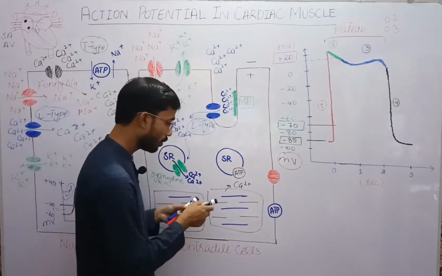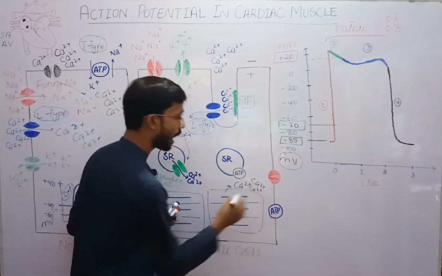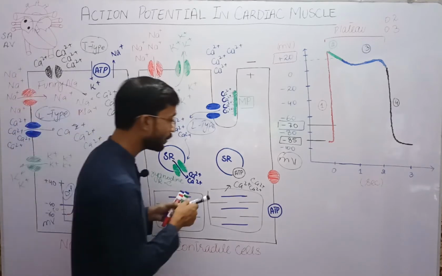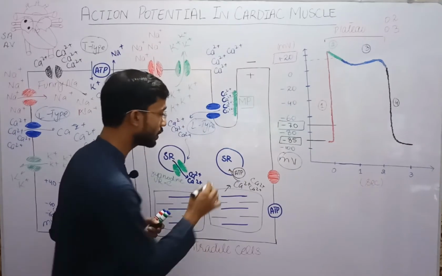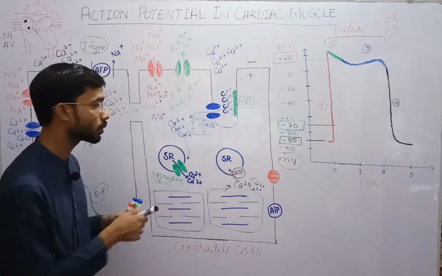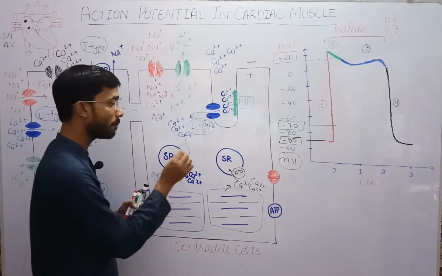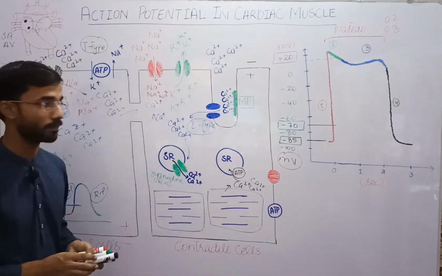And now again there are a lot of calcium ions present in the cytoplasm. Now these calciums move into the sarcoplasmic reticulum through the ATP pump. It means ATP is required for the pumping of calcium from the cytoplasm into the sarcoplasmic reticulum.